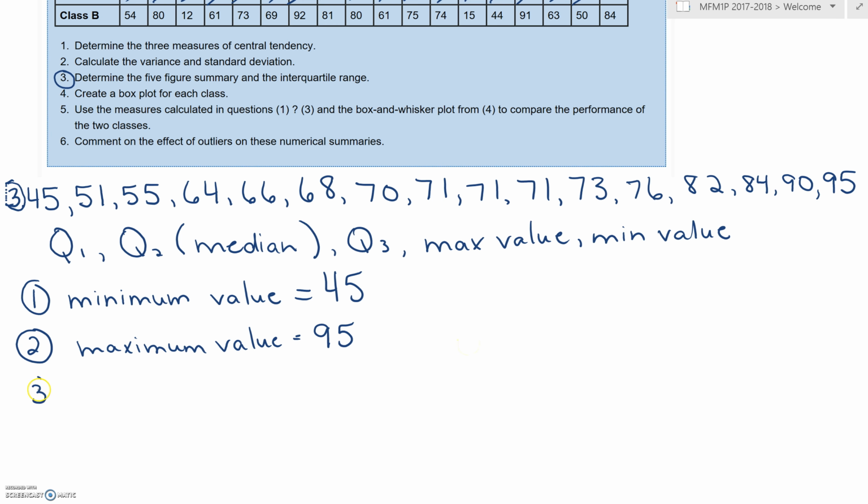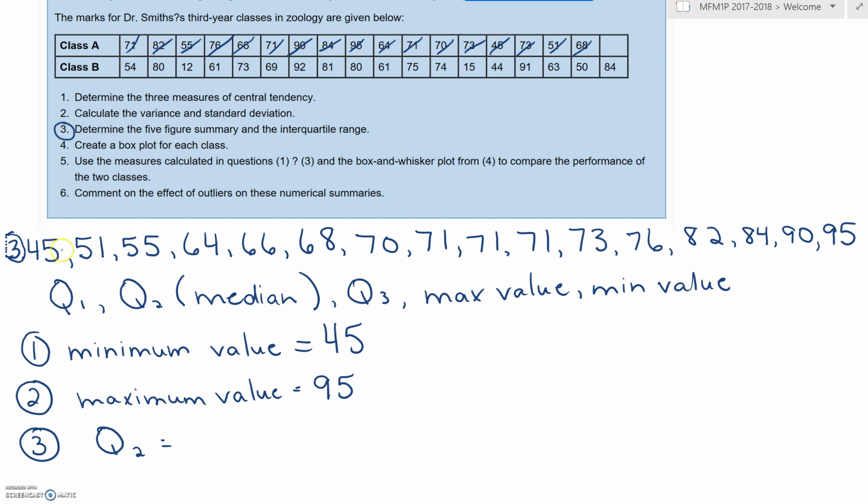So now we'll do Q1. Actually, Q2 is probably easier. If you do the median first, it's easier. We count 1, 2, 3, 4, 5, 6, 7, 8, 9, 10, 11, 12, 13, 14, 15, 16 pieces of data, which means if you divide that by 2, it's 8. But you can't just pick the 8th value, and I'll show you why.